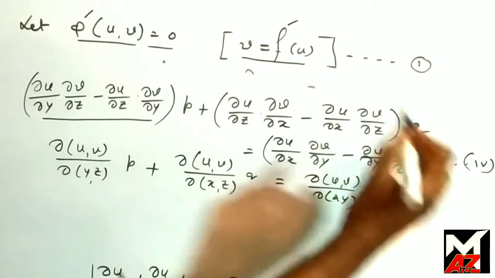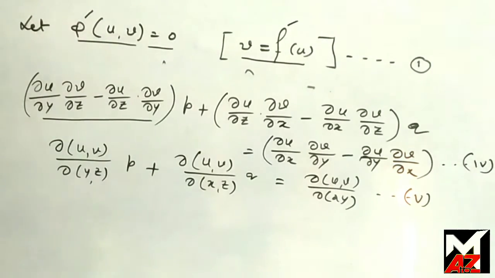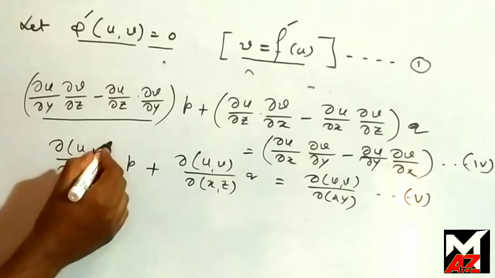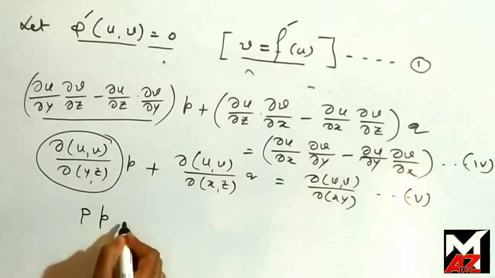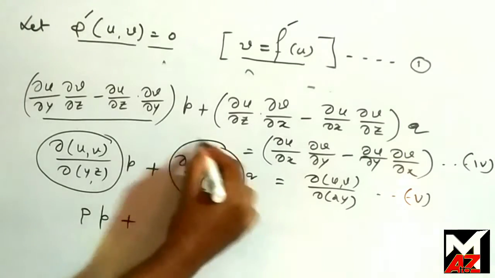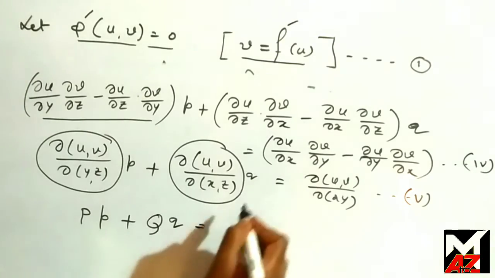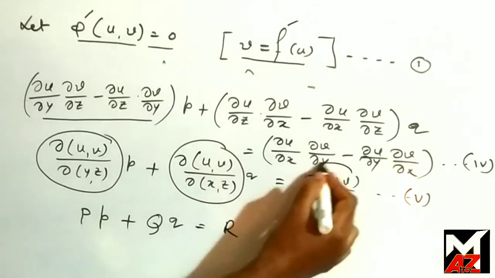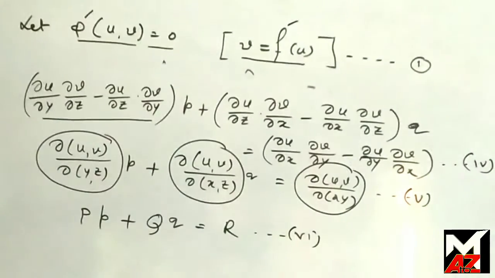This is 5. And we symbolize this term by capital P into p, this term is equal to capital Q into q, and this term is equal to capital R. This is 6.